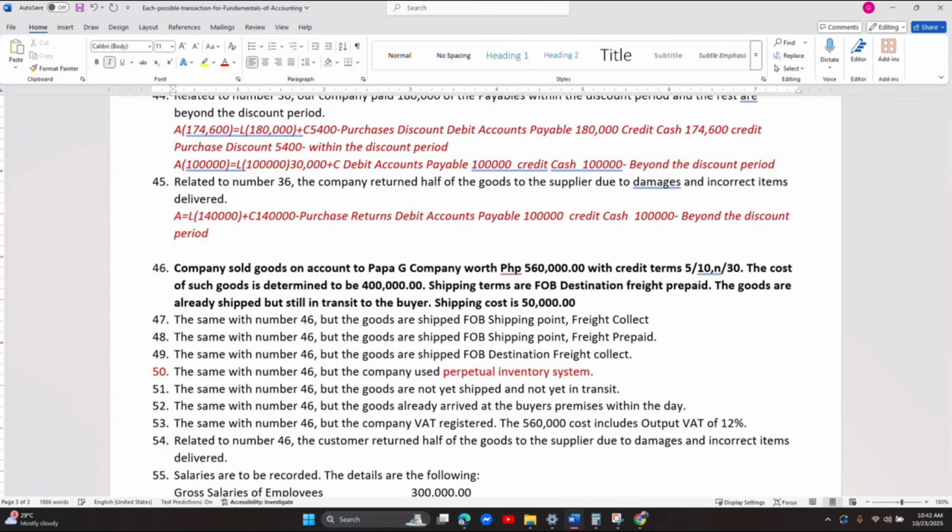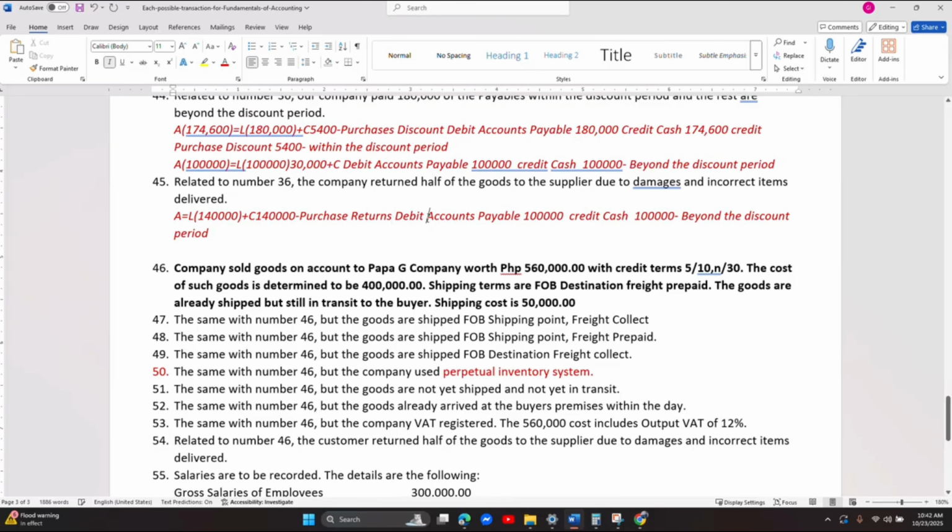If the purchases account is an expense, I'd like you to think that those are expenses. And the purchase discounts, I'd like you to think that those are revenues or income related. These purchase returns and allowances are also considered as revenues. As you can see, it increased the capital. And based on our analysis, A equals L plus C is still balanced. So what will be the entry?